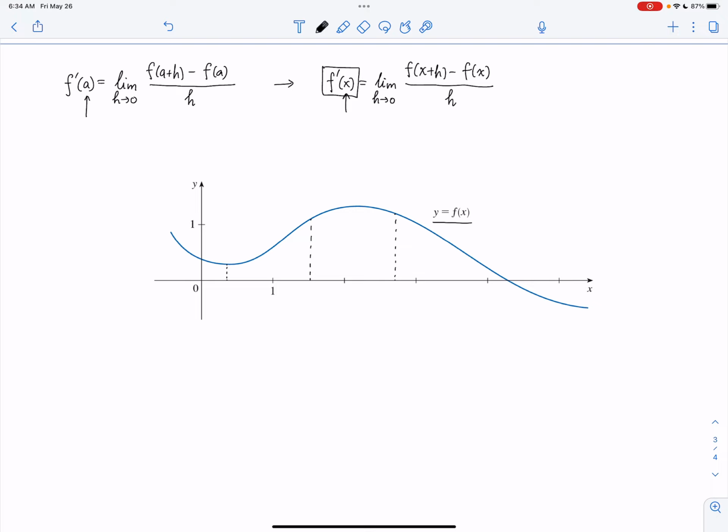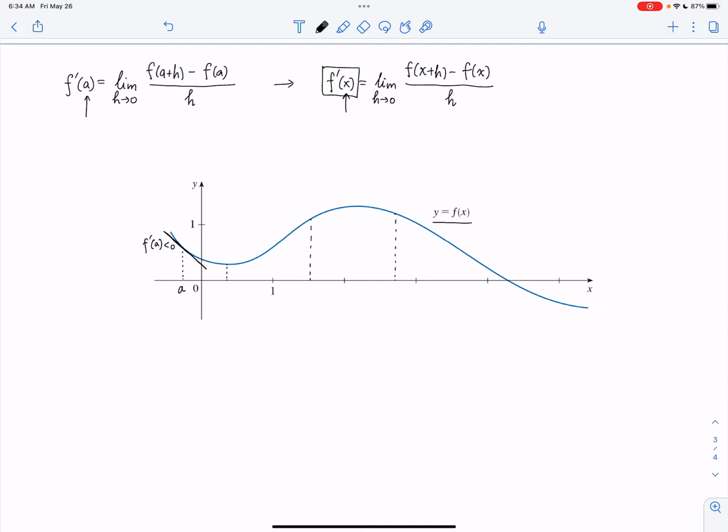So for example, if you do the derivative at this point, this a, right, you need to draw the tangent line, which is the line that's basically the steepness, the slope of the curve at this point. And you can see that the slope is negative, right? So you know f prime at a must be negative because this tangent line is decreasing.